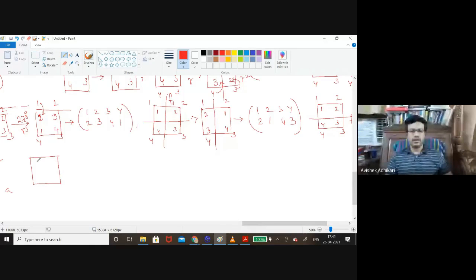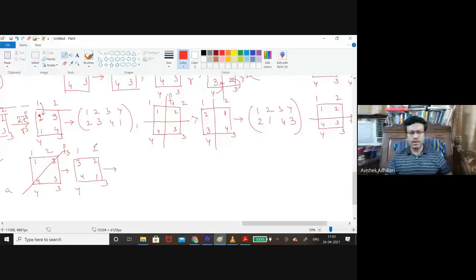Diagonal flip, very good. So I can have, say, this as my F3. If I flip like this, these two will remain fixed. That means 2 and 4 stay, 3 goes here and 1 goes here.